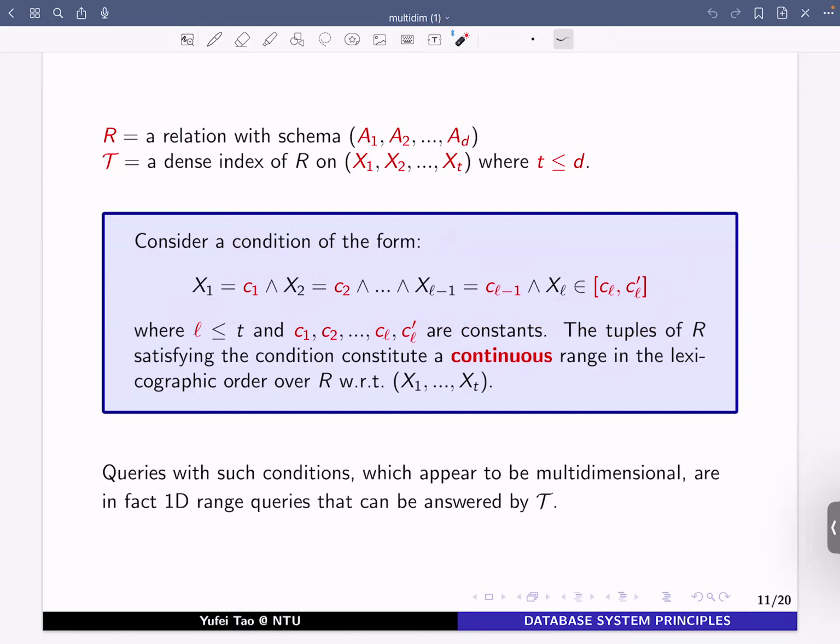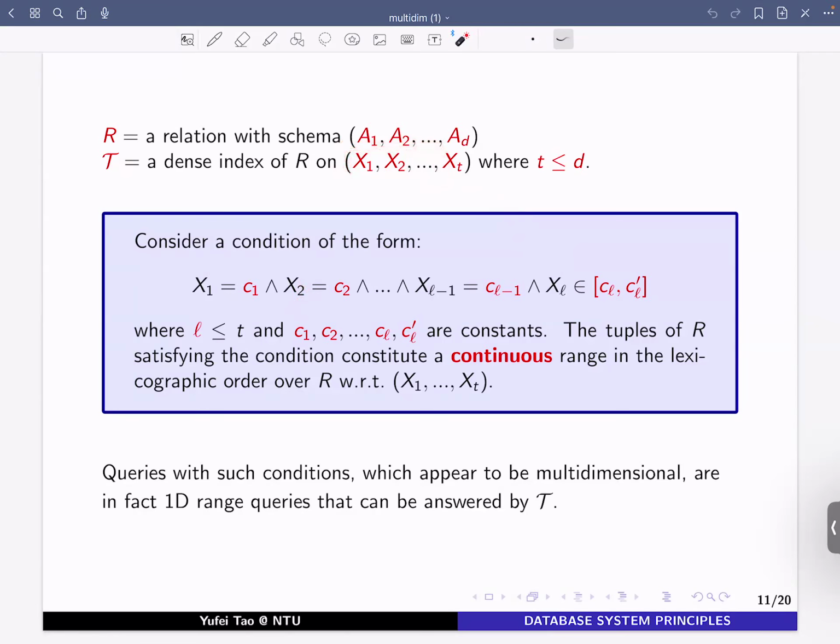So this is a prefix. You see what I'm saying? This is essentially saying you have to pick a prefix of the attributes here, and you will have to specify something on every single attribute. You cannot miss out any attribute. So let's say if you have x1, but then immediately you have x3, and you don't have x2 here, this is not okay. So I emphasize that you must take a prefix.